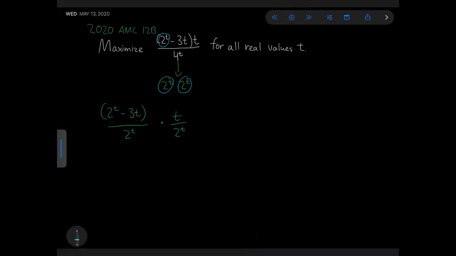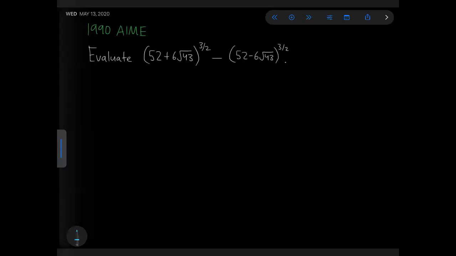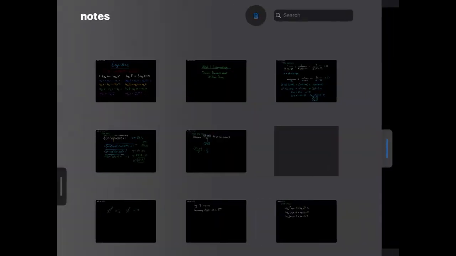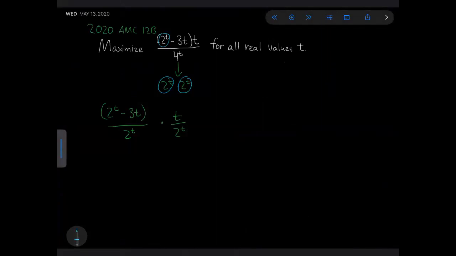We're going to split our fraction up into 2 parts. On the left part of the fraction, we have 2 to the t minus 3t over 2 to the t. On the right side, we have t over 2 to the t.